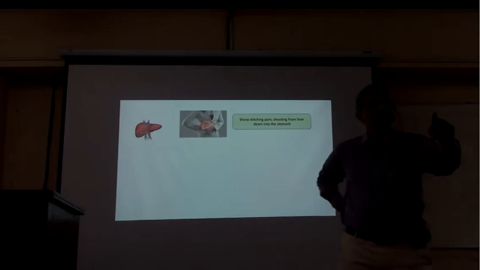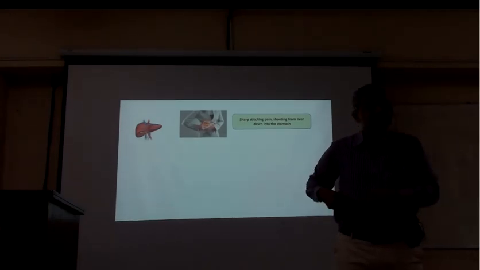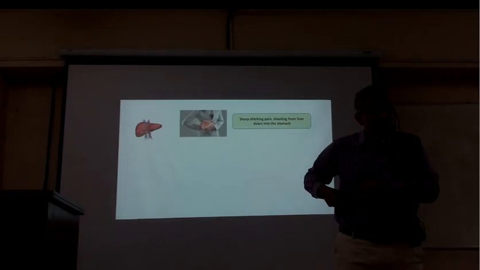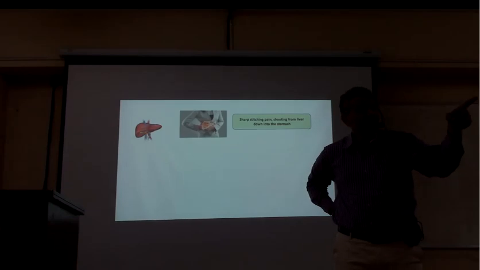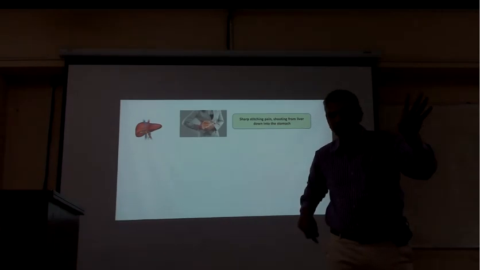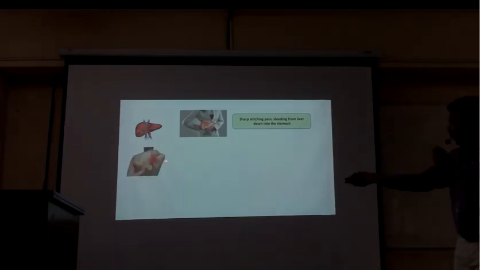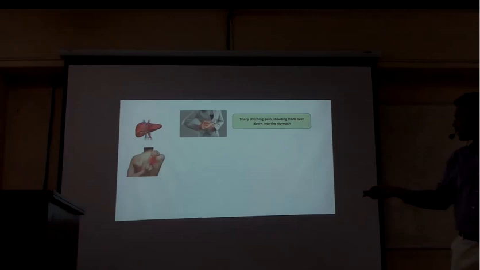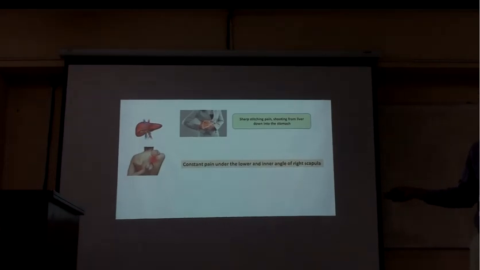Again, if you read gallstone colic in your pathology, this is a common symptom. From right hypochondriac region, pain going into the inferior angle of the scapula is a common symptom of gallstone colic. So this is what I had highlighted in the last class. Constant pain under the lower and inner angle of right scapula is all important too.